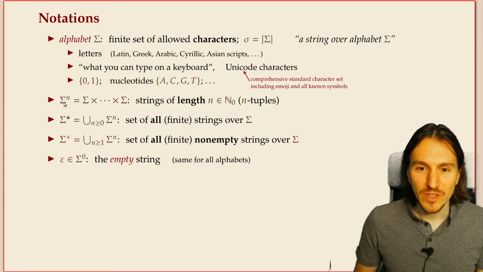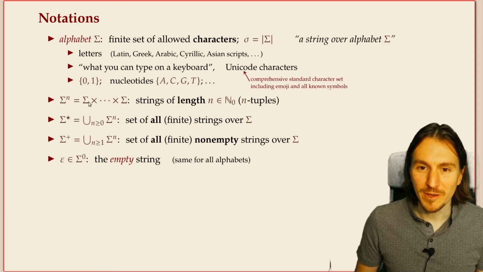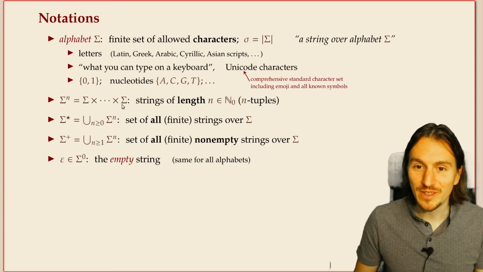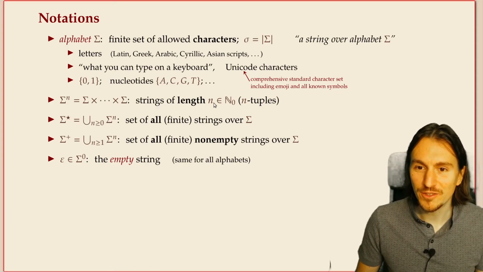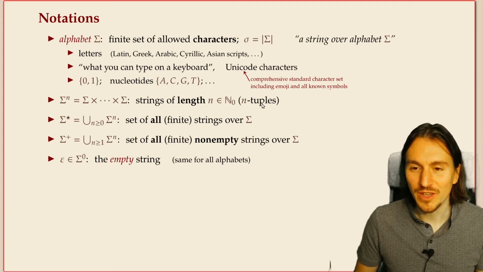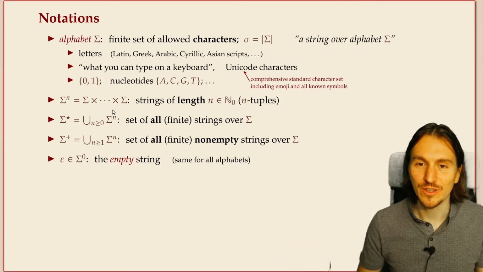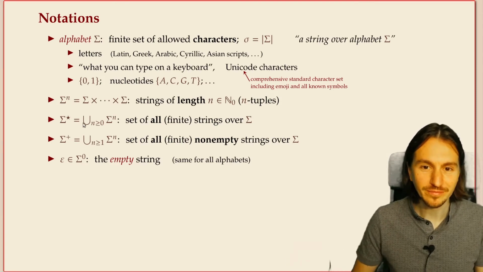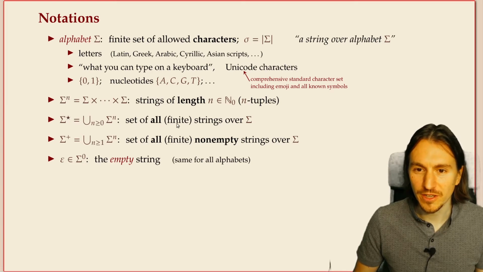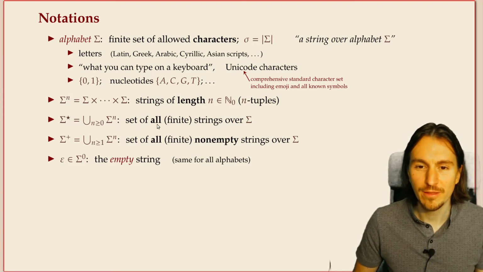I will write sigma to the n to be the n-wise Cartesian product. So these are just all the strings of length exactly n. And we also call these n-tuples in general if this sigma is any set, so that's just generalizing standard notation from mathematics. Sigma to the star is all the strings of any finite length.